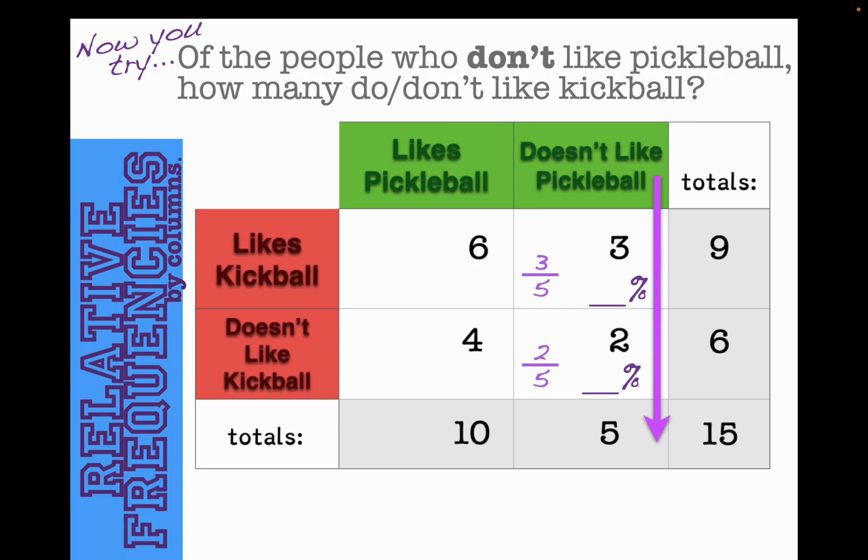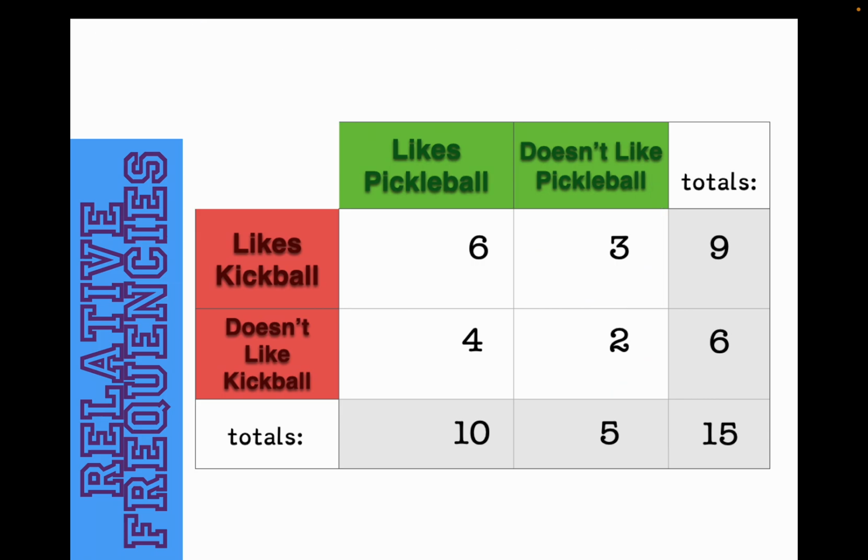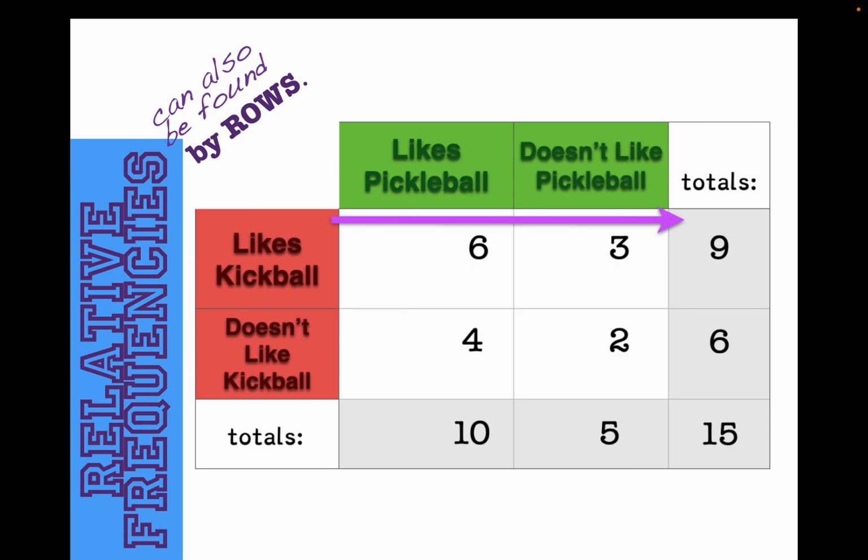Okay, so we are now seeing what it means to find relative frequencies. It just means to find percents based on the two-way table. And you can also find relative frequencies by rows. So we asked the question earlier, out of the people who like pickleball or out of the people who don't like pickleball, but what if I wanted to know how many of the kickball lovers also like pickleball?